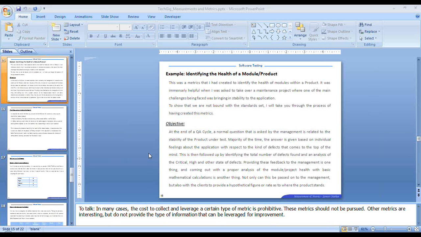How do we ensure that we have chosen the right matrix for the project? If at the time of defining the matrix, you have not defined the benefits of using that matrix properly, then any matrix that you use is not something that you need. Like I said, when you're defining a matrix, always be sure about 2 things.